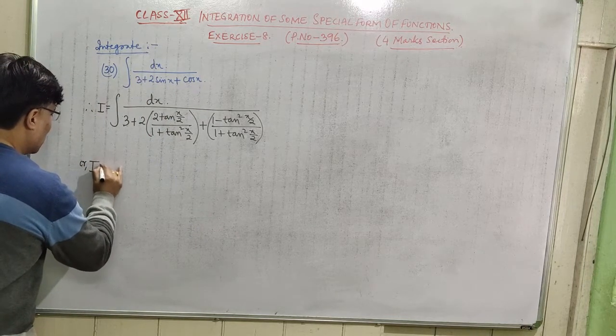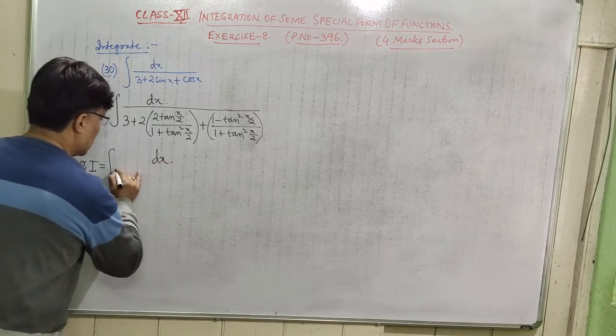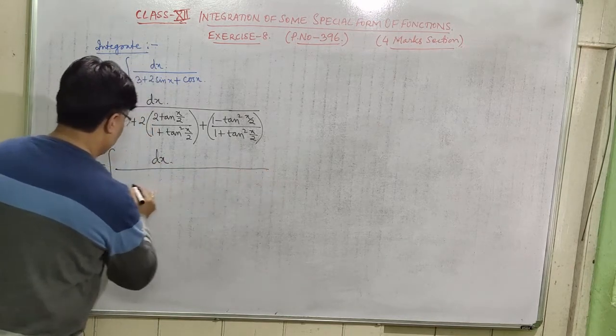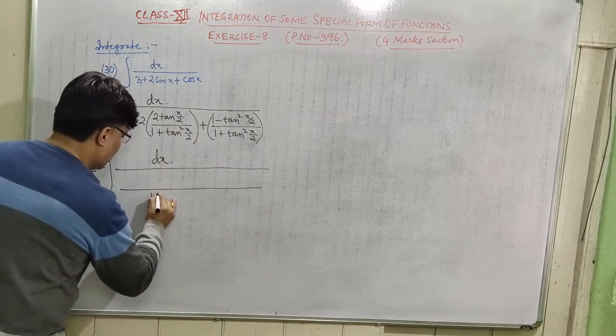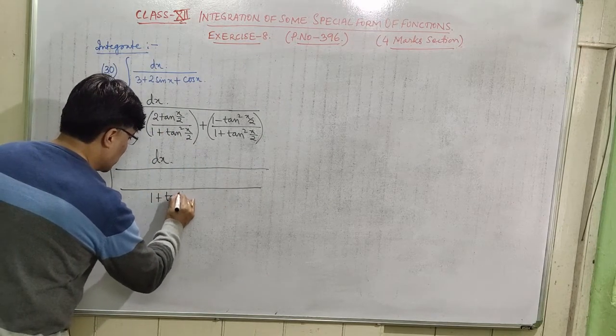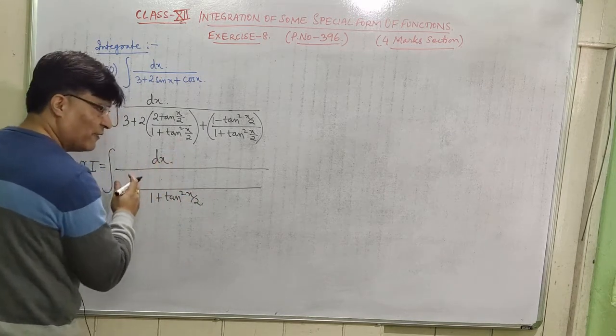So I is equal to integration of dx divided by, now in the denominator let us take the LCM, that is 1 plus tan square x by 2 is the LCM, and you know how to simplify it.